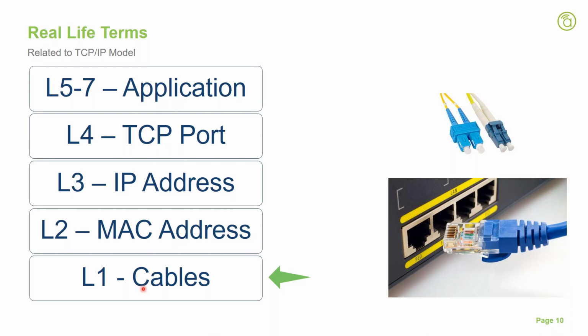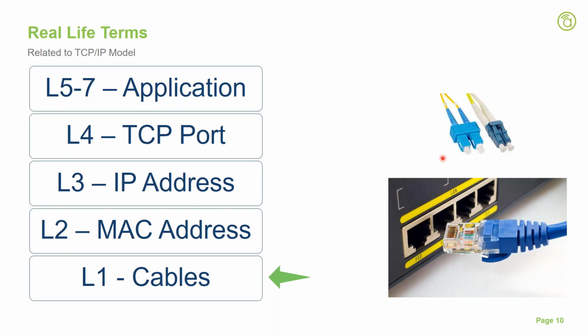So the examples for each layer, starting from the bottom up: layer 1 is the cable. All the cables, all the physical interfaces, you can see them in your RJ45, your Cat5 cables, your Cat6 cables, your fiber connectors, whether it's LC or SC, whether it's single mode fiber or multi-mode fiber.